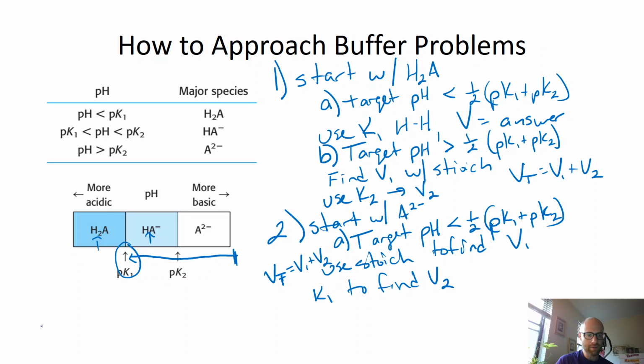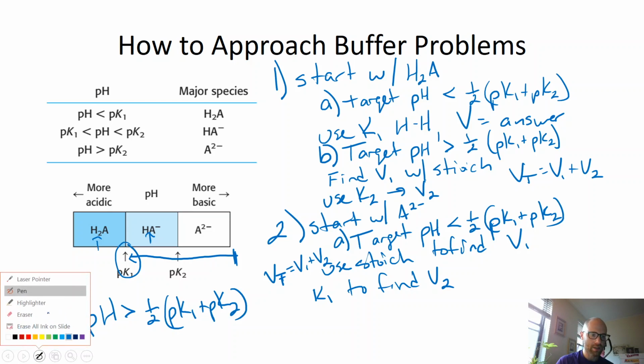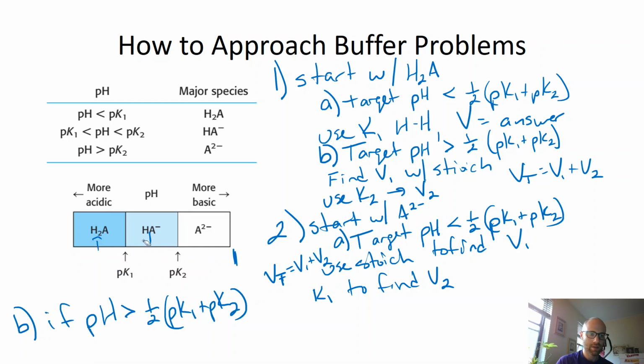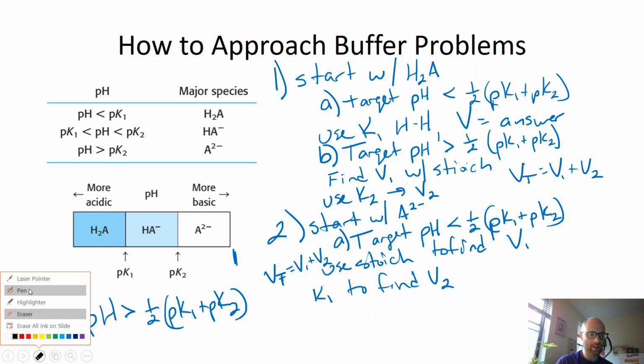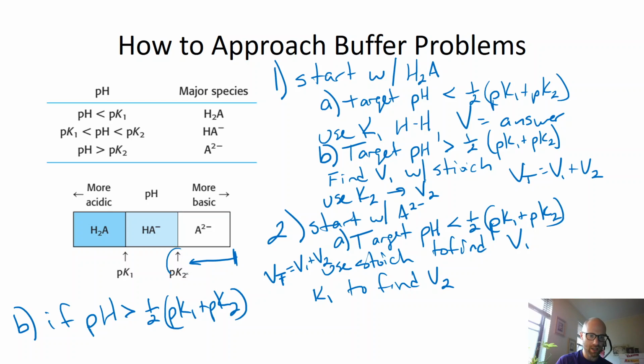And then I'll write it over here to make some more room. If the target pH is greater than the averages, that would be like starting again with this base on the far right, but then our target pH is actually just more in this region.